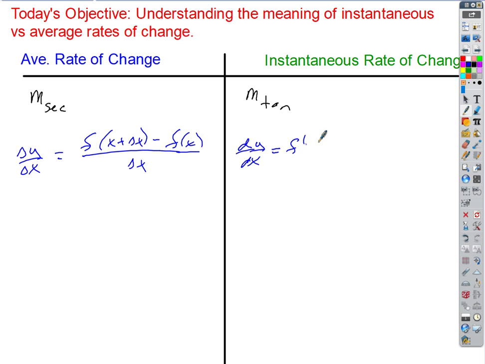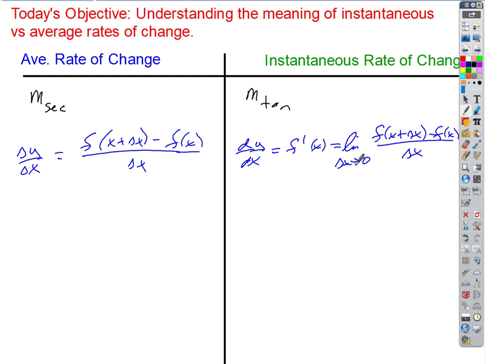Or if we want to call it f prime of x, we can do that. But what's that definition? What do we have to do to the secant line to make it a tangent line? Take the limit. The limit of the difference quotient as delta x goes to 0, right?